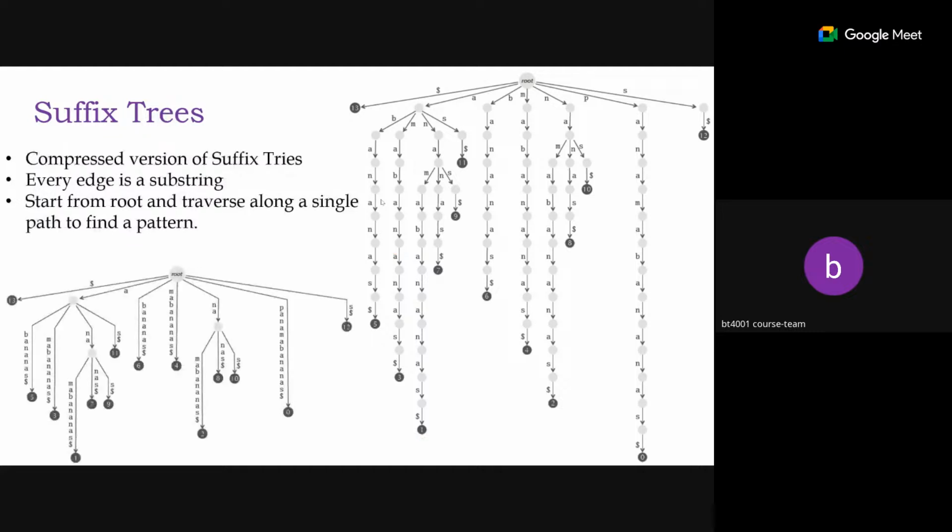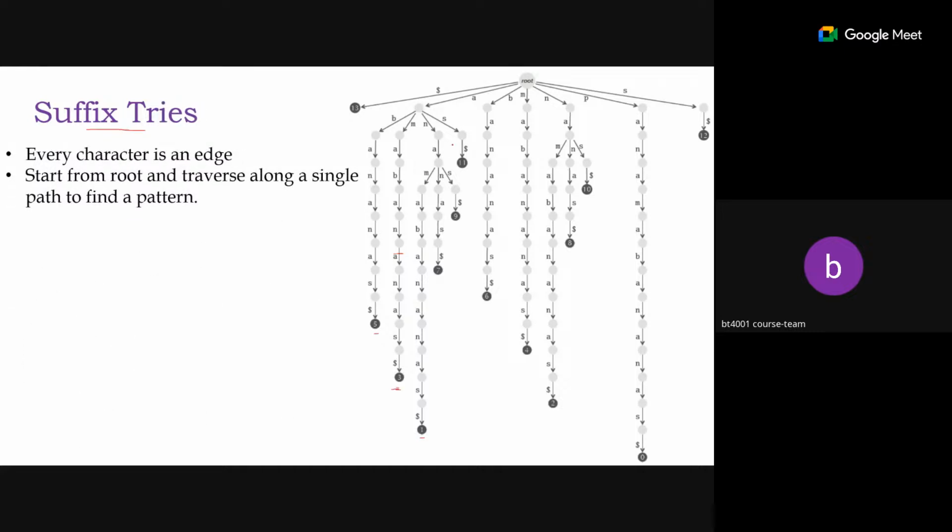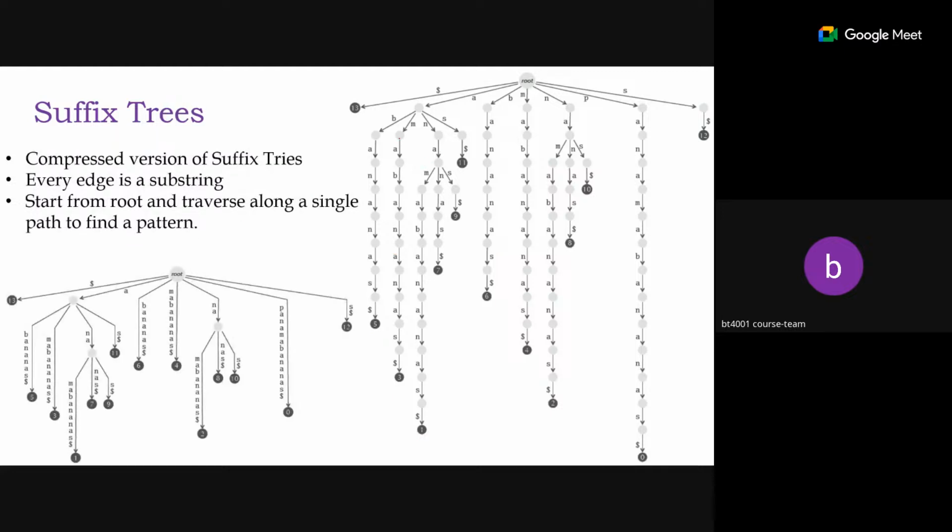For suffix tries, the problem was the large amount of space required to store them. So we looked into suffix trees, which basically compress all the nodes with in-degree one and out-degree one. Here, from here till here, all of these nodes have just one in-degree and one out-degree, so we merged them into one and formed this kind of tree-like structure.